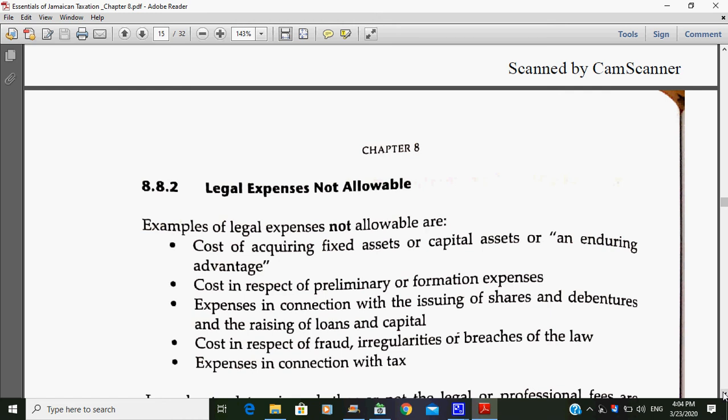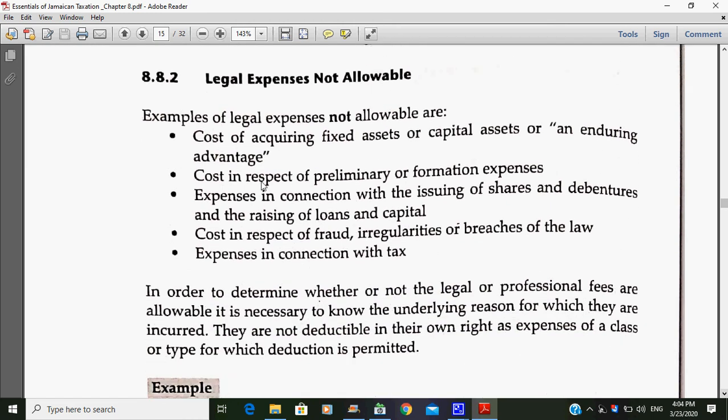Legal expenses not allowable now. Examples of legal expenses not allowable are cost of acquiring fixed assets or capital assets or an enduring advantage, cost in respect of preliminary or formation expenses, expenses in connection with the lease, the issuing of shares and debentures, and the raising of loans and capital, costs in respect of fraud, irregularities, or breaches of the law, expenses in connection with tax.